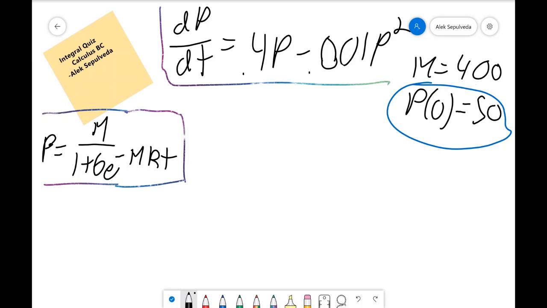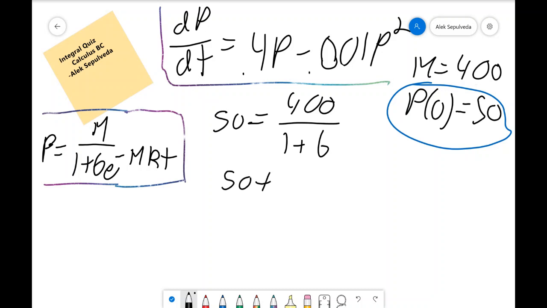If we set P equal to 50, because this will make time 0, we can set it up like this, where it's 400 over 1 plus B, and then because of that 0 as t, we can get B all alone, because e to the 0 will simply equal 1. Next is to distribute, so we end up with 50 plus 50B is equal to 400.